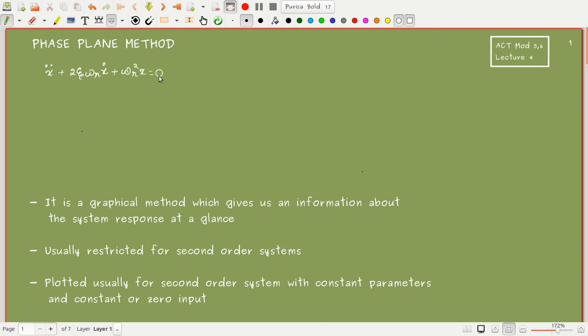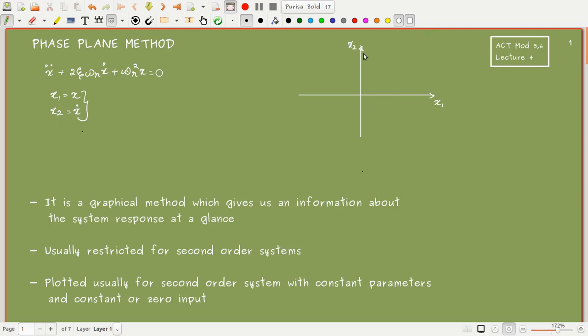So we know that if x1 equal to x and x2 equal to x dot are the phase variables, and if we represent them in a plane, x1 and x2 in a plane, we call it a phase plane.